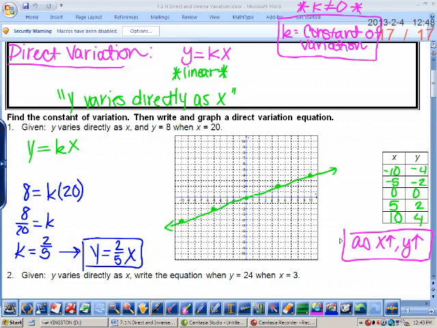All right, I want you to go ahead and look at number 2. I want you to find your constant of variation and then write your direct variation equation. When you think you've got your equation, check in with someone next to you.